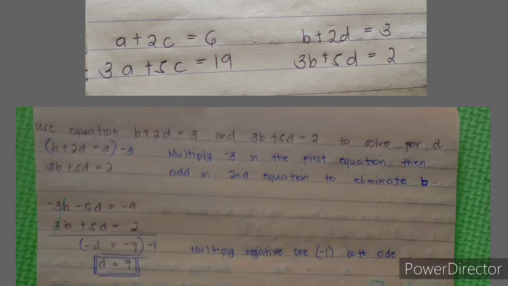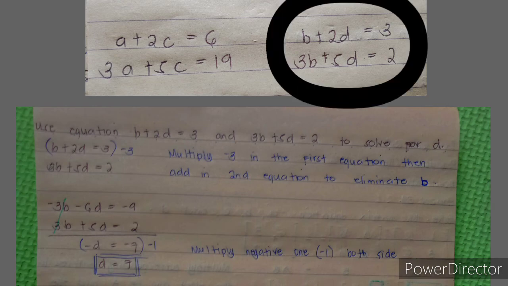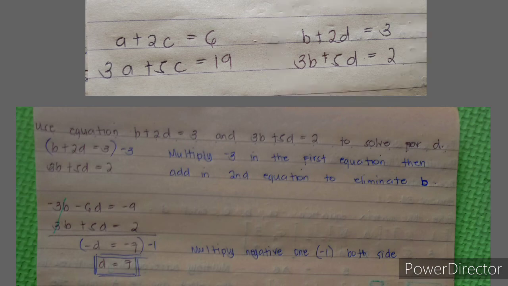To solve for B and D, we use the equation B plus 2D is equal to 3 and 3B plus 5D is equal to 2. First, multiply negative 3 in the first equation to form a new first equation, then add it to the second equation to eliminate B. B plus 2D is equal to 3 multiplied by negative 3.